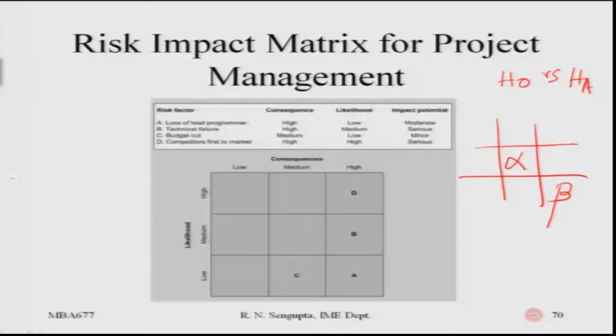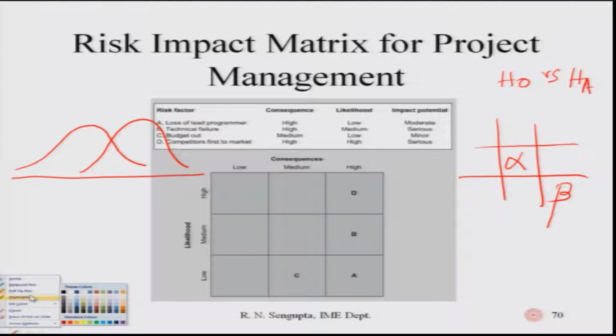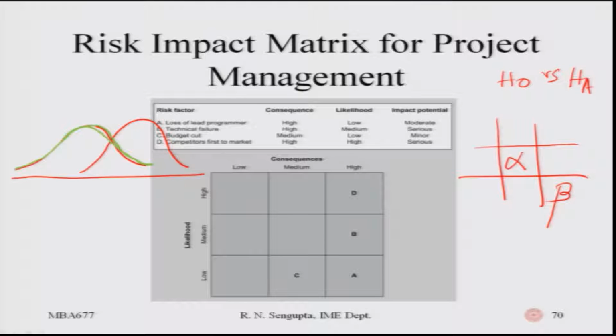Now, let us draw a diagram to make a good picture of what it means. Let me change the color so it gives you a good picture. This first part is green in color, and this is the red part.